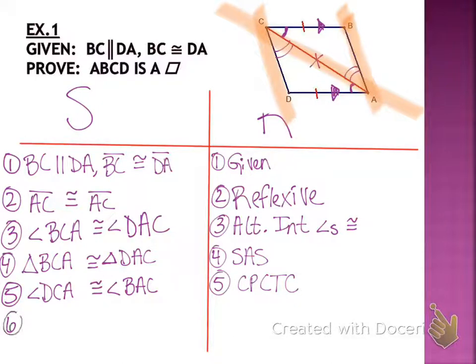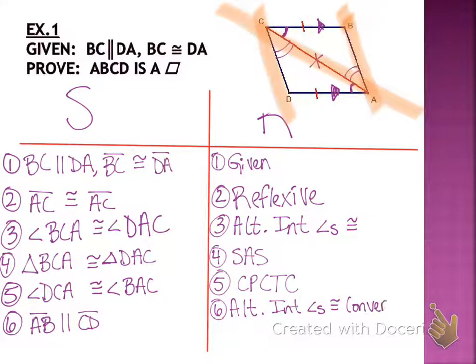So this allows us to say that AB is parallel to CD. Our reason still has to do with the fact that alternate interior angles were congruent. Technically, this would be the converse of that. We're just using it in the other direction.